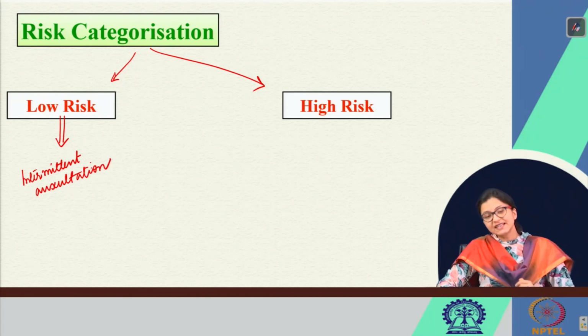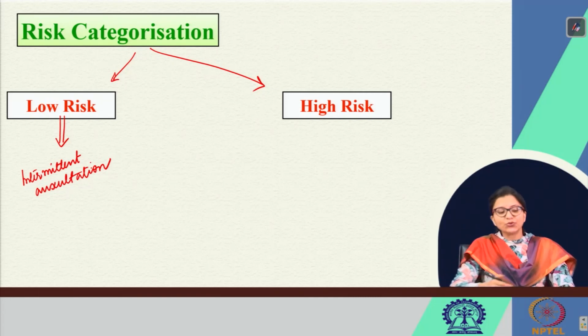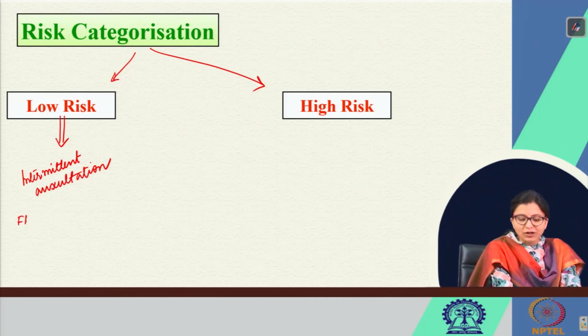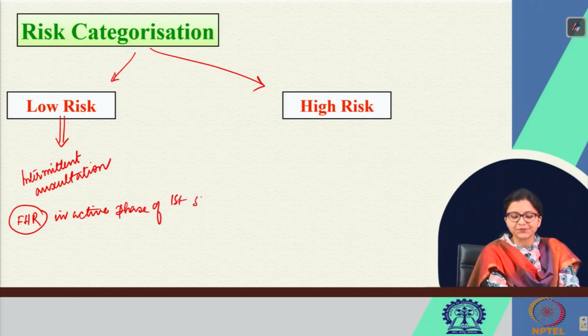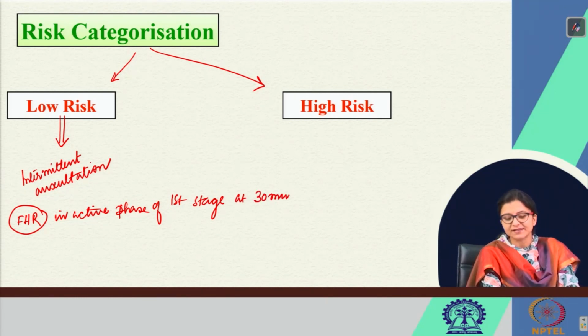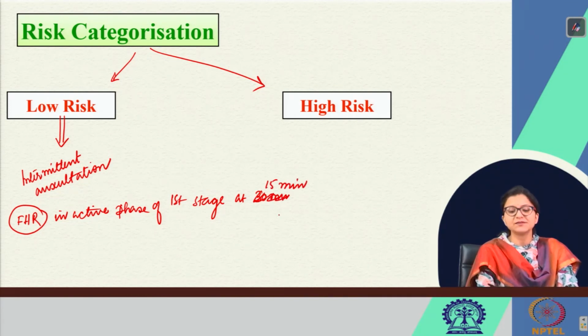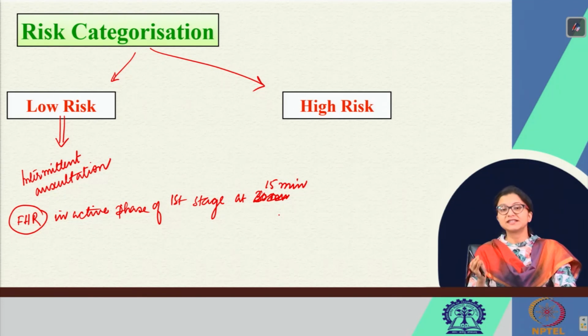We have already seen that in the active phase of the first stage of labor we have to monitor the FHR, the fetal heart rate. At what interval? At an interval of 15 minutes. So, every 15 minutes you need to monitor the FHR for that mother, right.